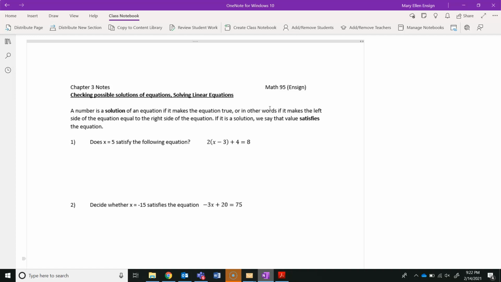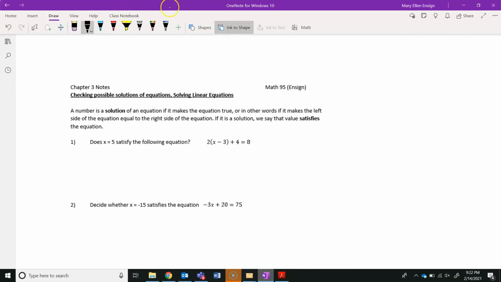So let's just for a second talk about equations and what we're thinking about when we have equations. When we have an equation, we know that we have an equal sign, okay? And we know that the two sides of that equation are equal, right?